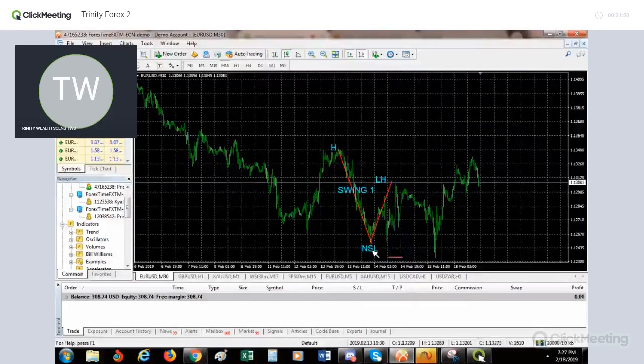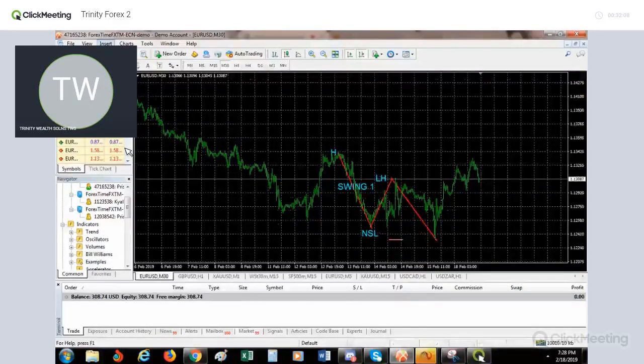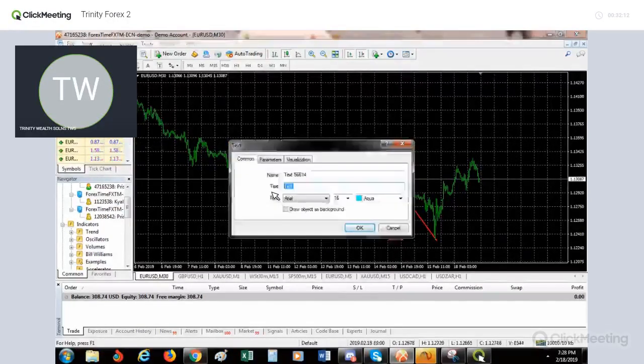Because these are downtrending markets, it will continue printing lower lows, which are our new structure lows. It retraces, forms a lower high because it is lower than the previous high. So our next expectation is for the market to print another new structure low, which is lower than the previous one, and it did. Okay.